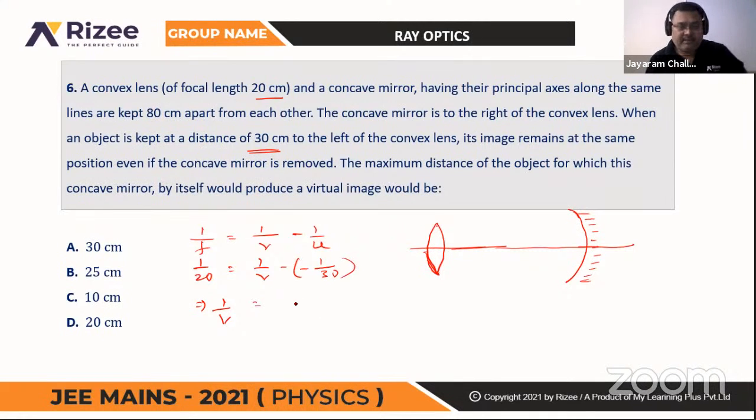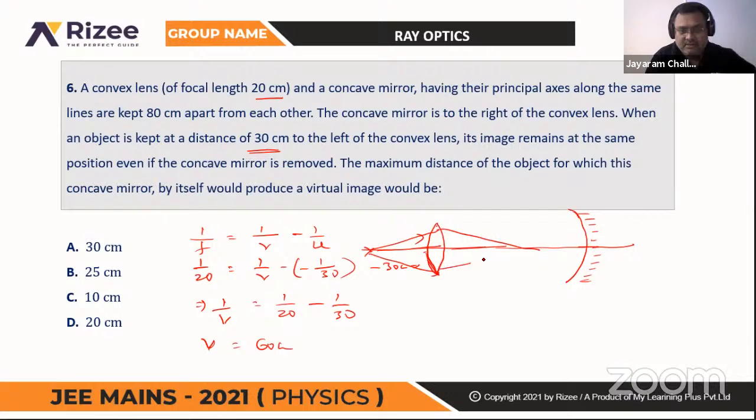So 1 by v will be equal to 1 by 20 minus 1 by 30. On solving, v is equal to 60 centimeters. That means for an object placed at 30 centimeters distance, the light ray falling on this surface is converging at a distance of 60 centimeters.